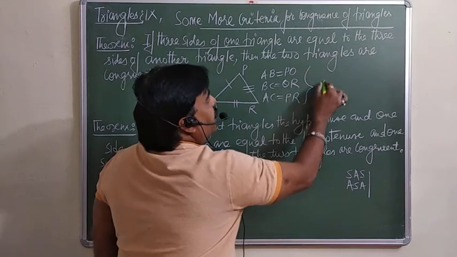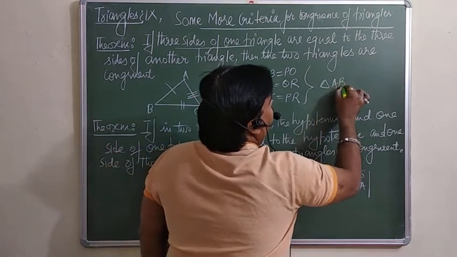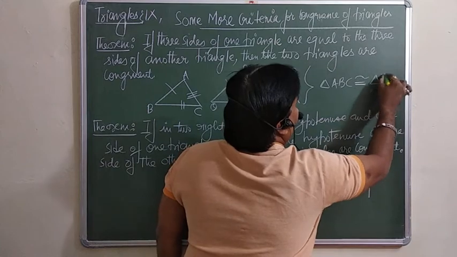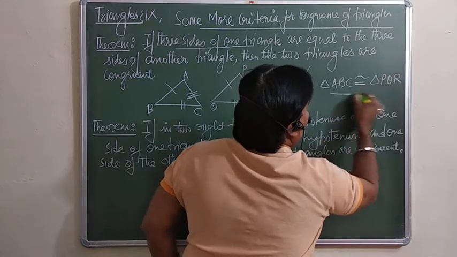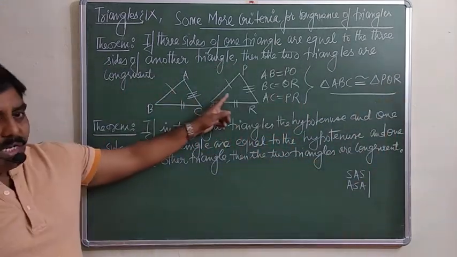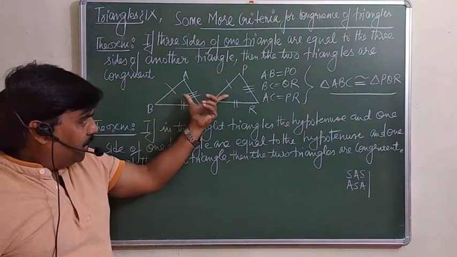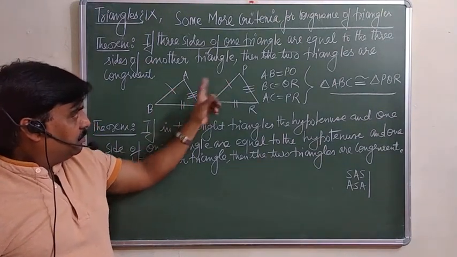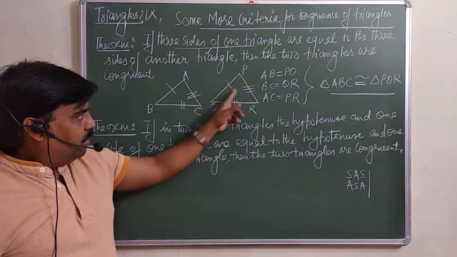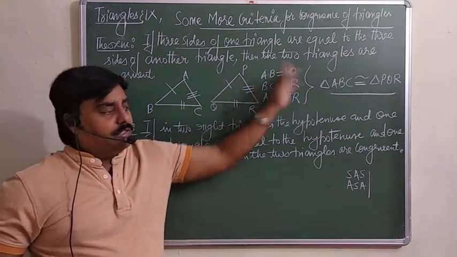Then also you can declare the triangles are congruent. This is your third property: if all the sides of two triangles are equal, you can declare both triangles congruent.